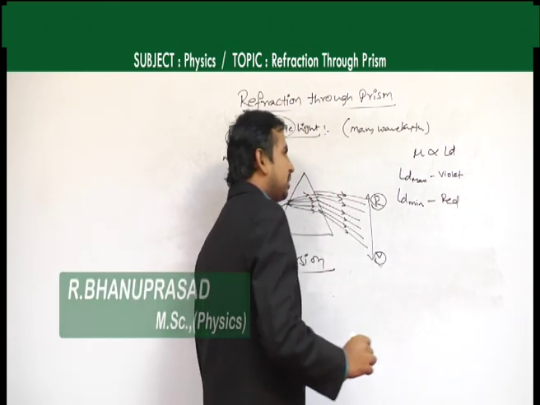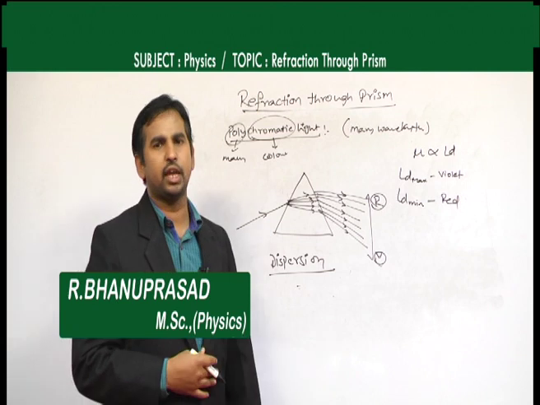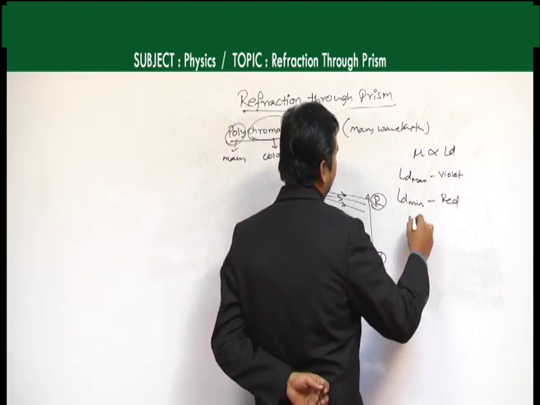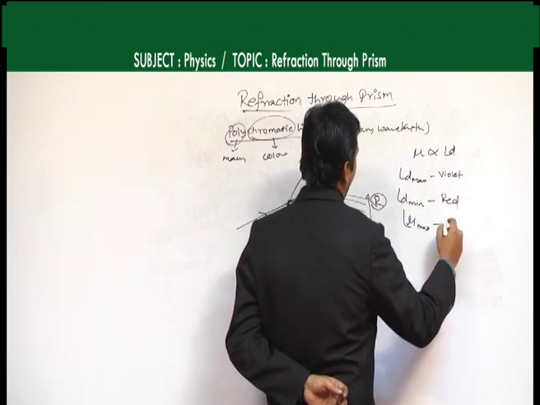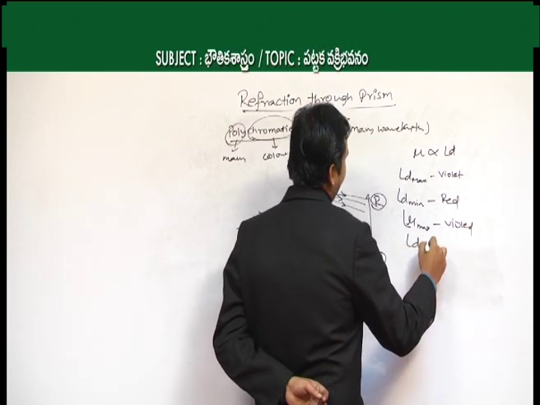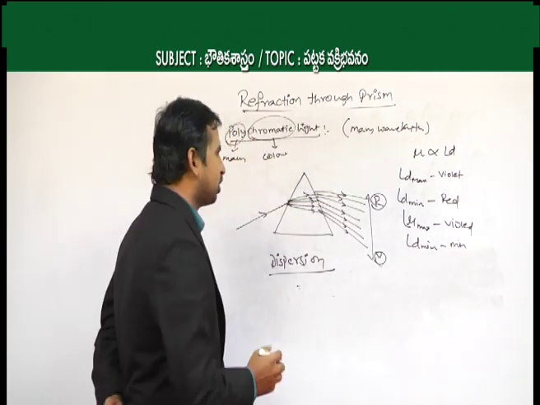As the deviation is minimum for red, and mu and d are directly proportional to each other, the refractive index for violet is maximum, whereas for red the deviation is minimum. Okay, that is another relation we got.